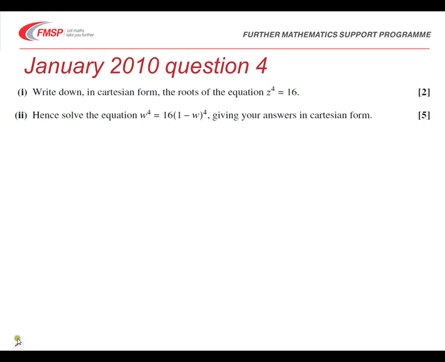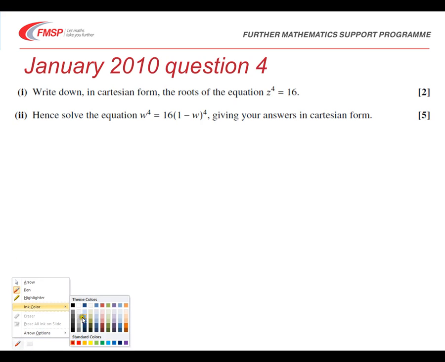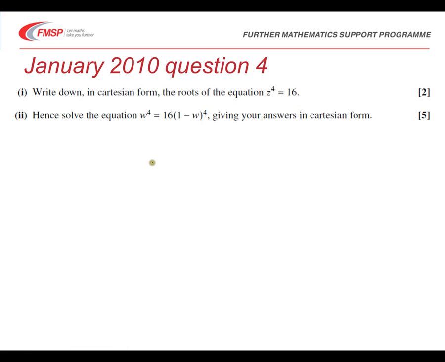So let's take a look at a question that involves roots of unity. So again, reading through the whole question before we start, it says write down in Cartesian form the roots of the equation z to the 4 is 16, and then hence solve the equation w to the 4 is 16 lots of 1 minus w to the 4, giving your answers in Cartesian form.